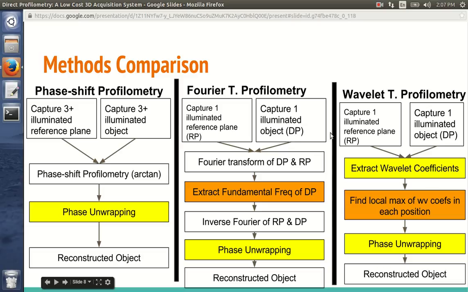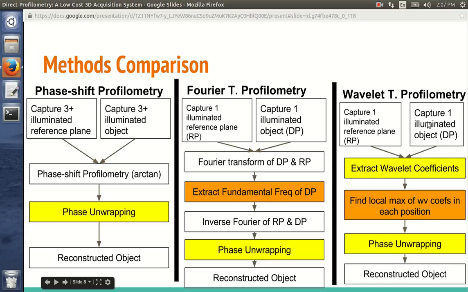What I explained is 1D: 1D Fourier, 1D phase shift, and 1D wavelet. Then we extract the fundamental frequency of the DP, do the inverse Fourier, unwrap, and then reconstruct the object.